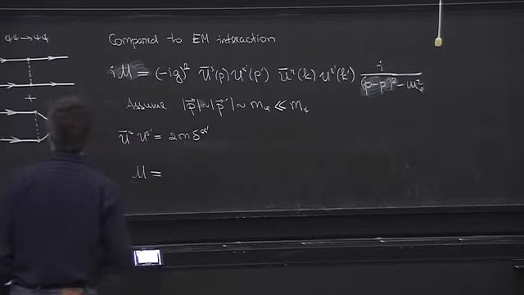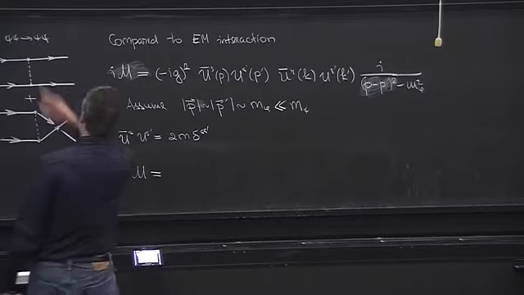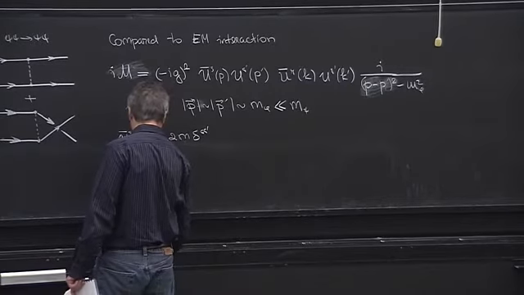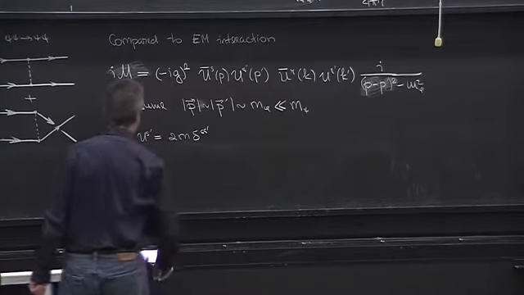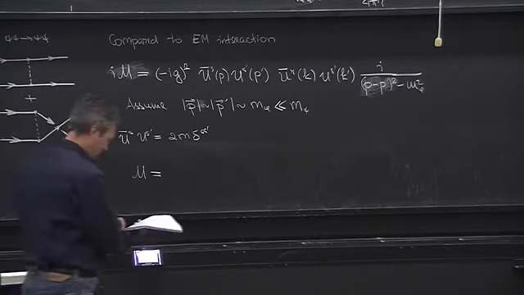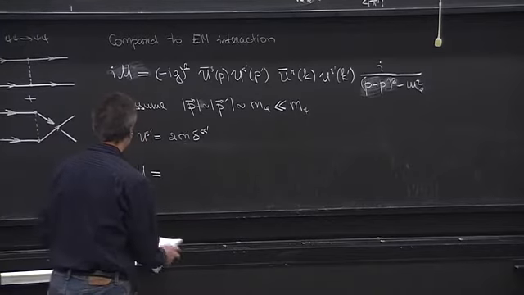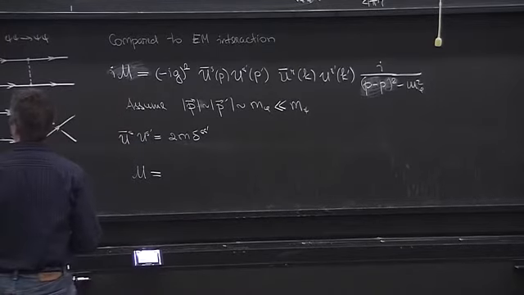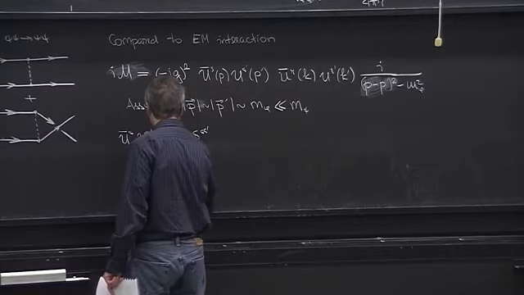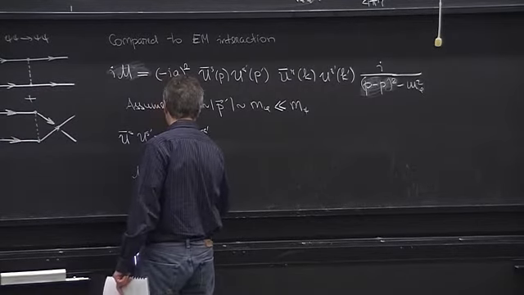So over there we have the formula for the amplitude in QED. But the formula in Yukawa theory will be with the plus sign.